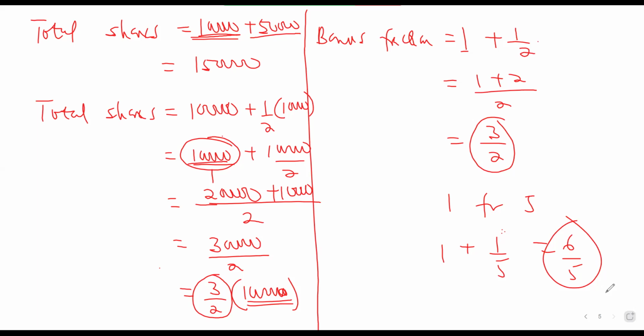How do we restate that? We turn the bonus fraction upside down. So the bonus fraction will be turned upside down to restate. We have 5/6 now to multiply the previous earnings per share.